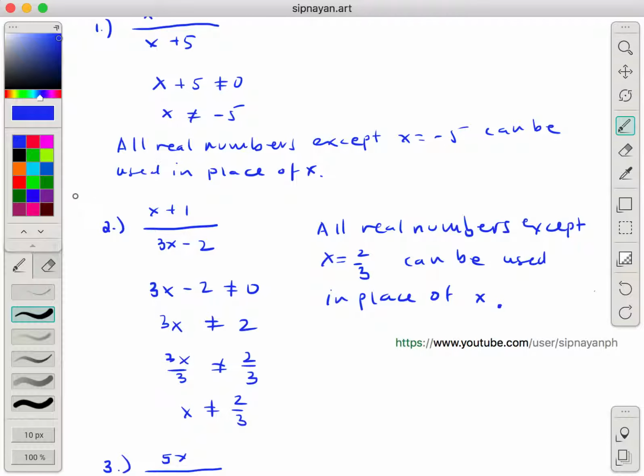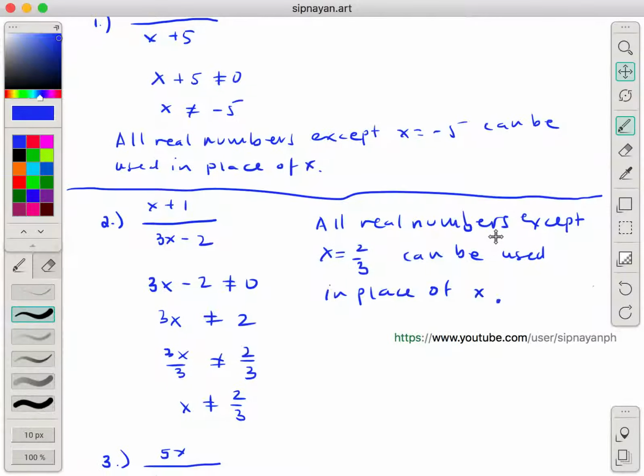Okay, that is the second expression. And the last example we have.